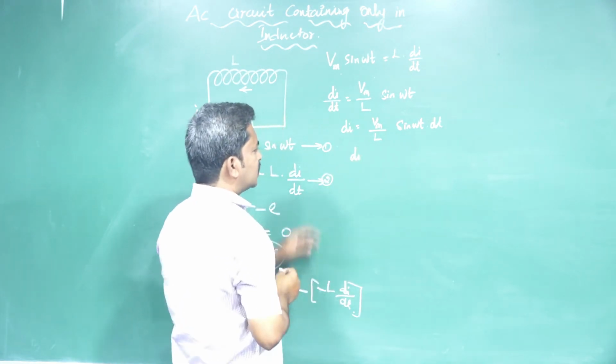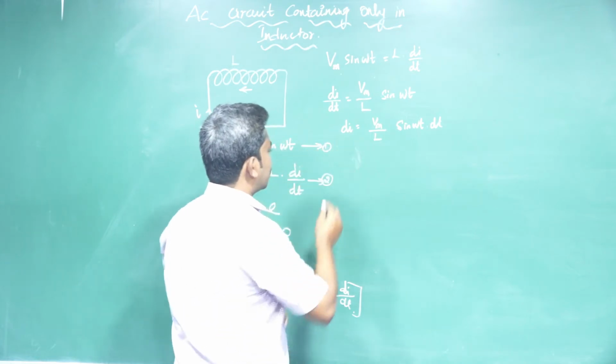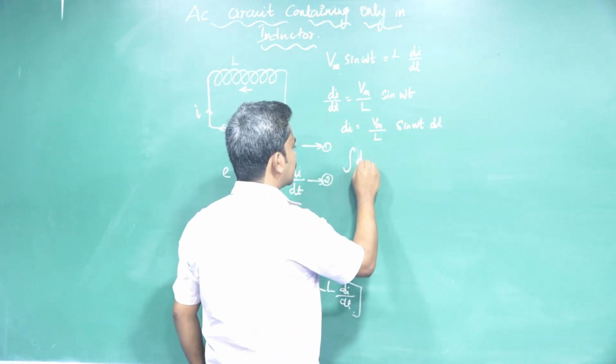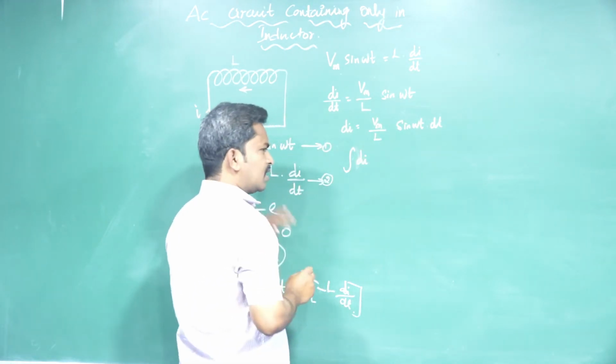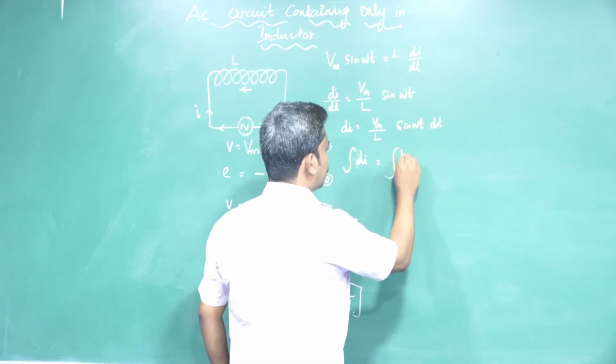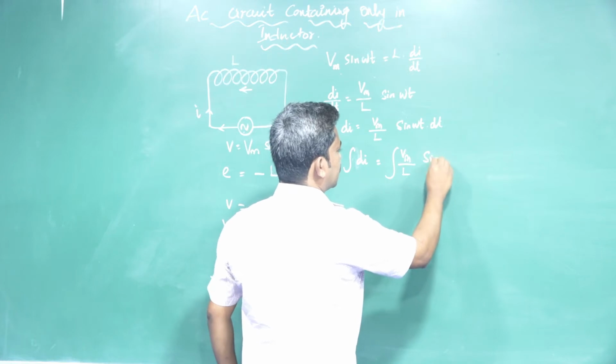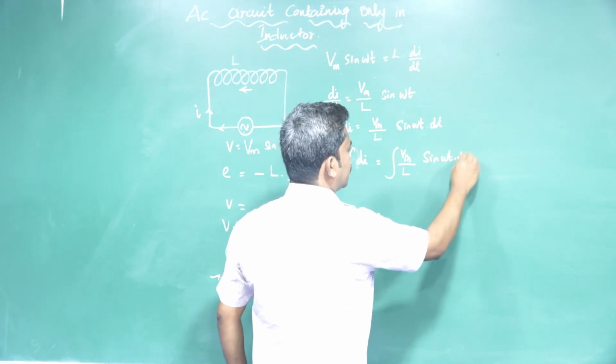To calculate the I value, I take the integral of di. The overall current I is equal to the integral of Vm divided by L sin omega t into dt.